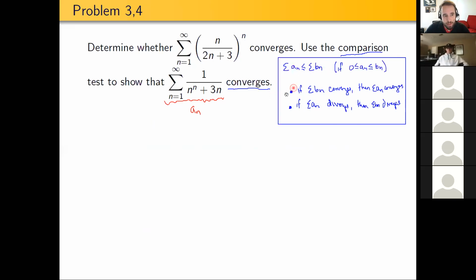If I'm trying to draw this conclusion, my goal is to conclude that this series converges, so that should be my a sub n. I want to find a bigger series, b sub n, that sits above it, or is larger than it. So I want to find a series that is bigger than this, but that I can definitively show converges, and then I'll be able to draw this conclusion.